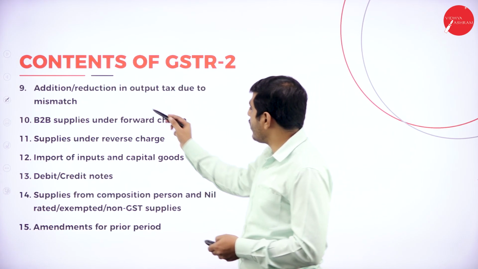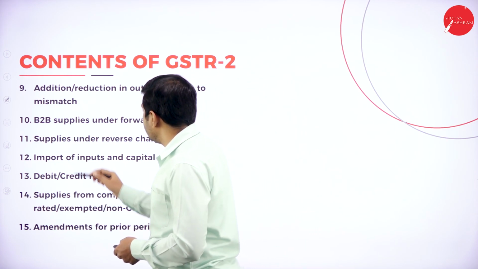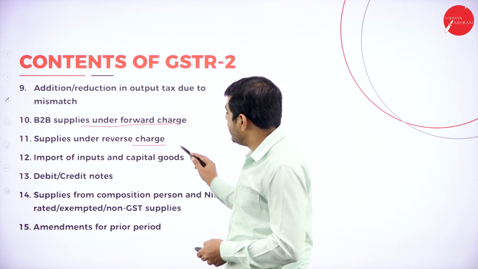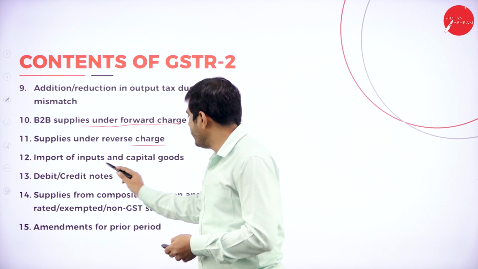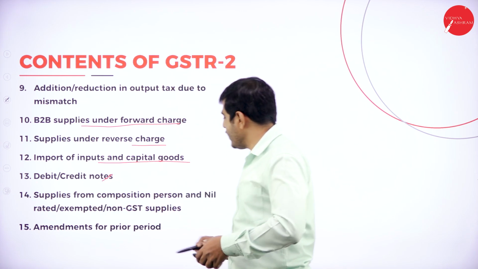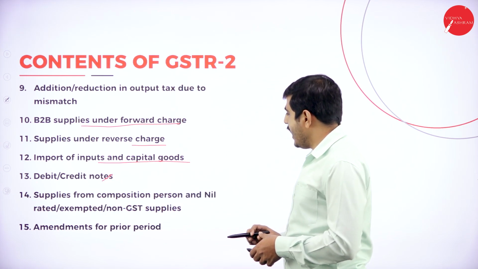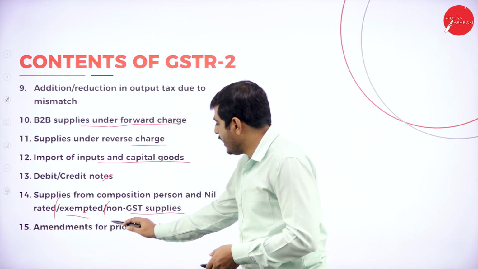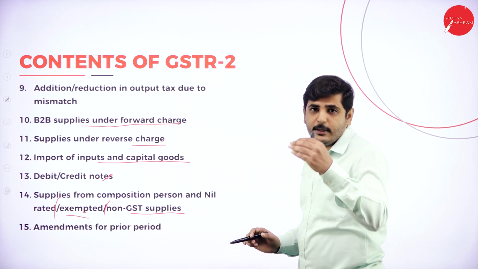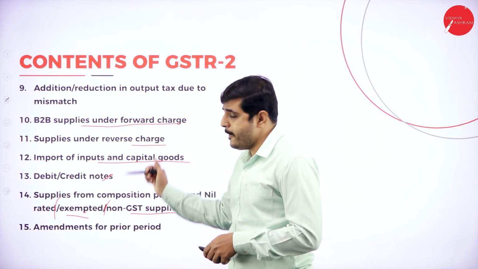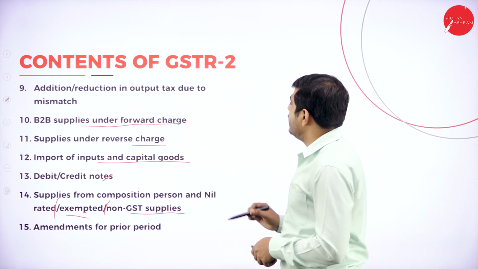Next, addition or reduction of output tax, business to business supply under forward charge, supply under reverse charge mechanism, import of inputs and capital goods, debit or credit notes, supply from the composition person, and nil rated or exempted or non-GST supplies, and amendments for the period. In that particular period, any amendments from the government have to be mentioned under GSTR 2.